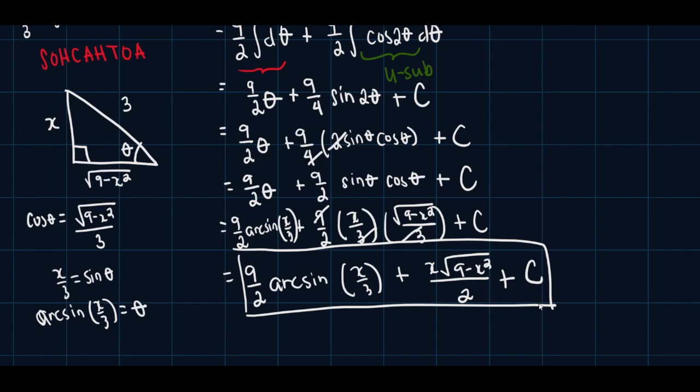Okay, for our second example, let's consider this one. Okay, let's say we want to get the antiderivative of 2dx all over square root of 9 minus x squared.